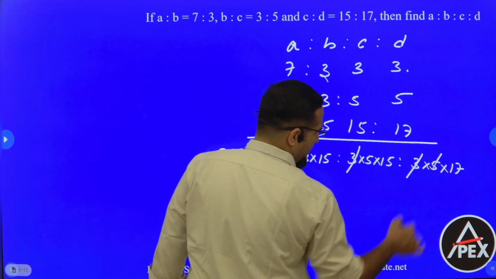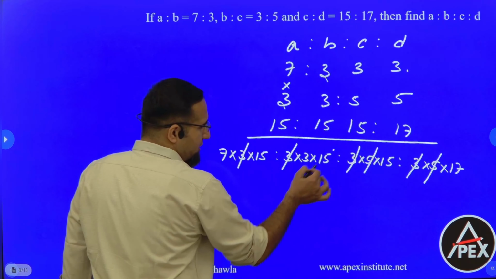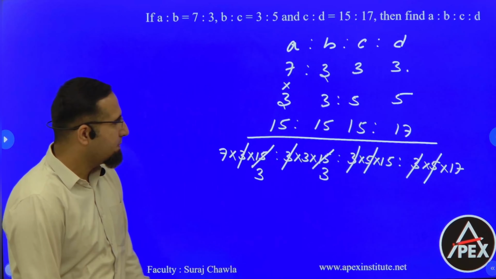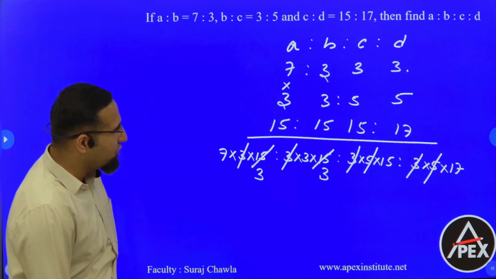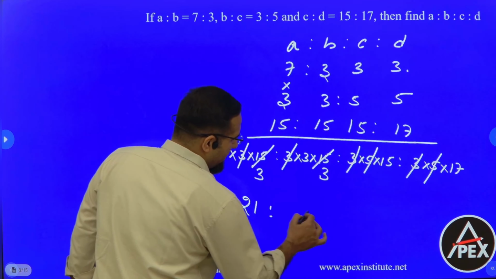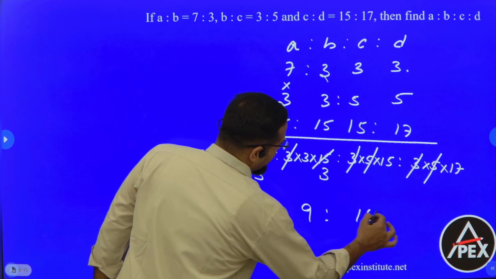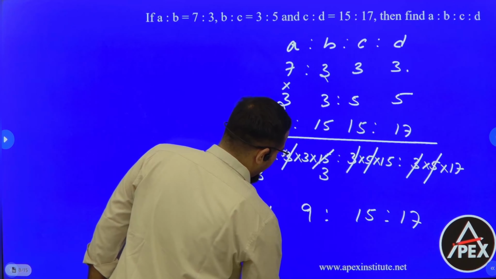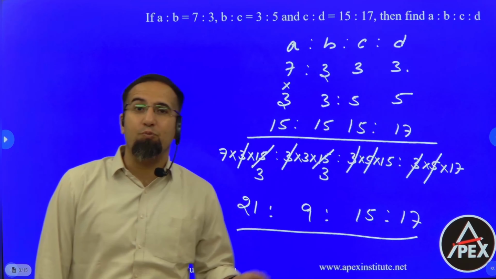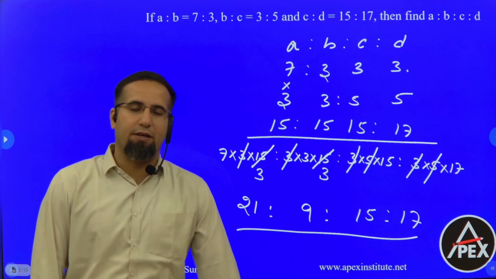There's a 5 here, there's a 5 here, there's this 5 3s are 15, and there's also this 5 3s are 15. Anything else which is common? I don't think there's anything else that is common. So we can write it here. This has 21, this has 9, this has 15, this has 17. So this becomes the final ratio of A is to B is to C is to D.